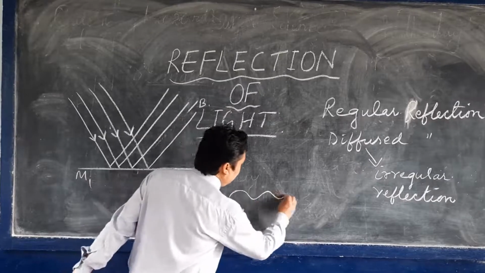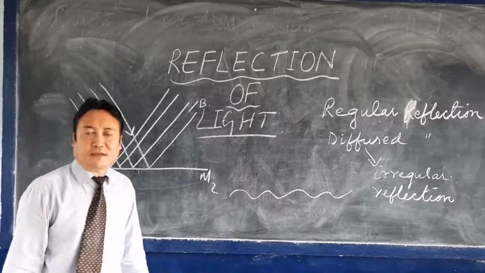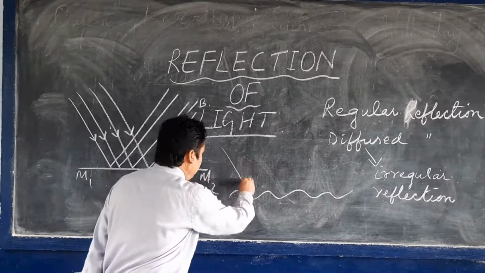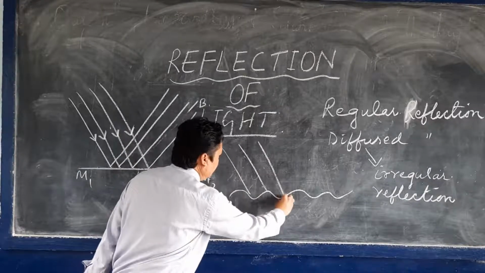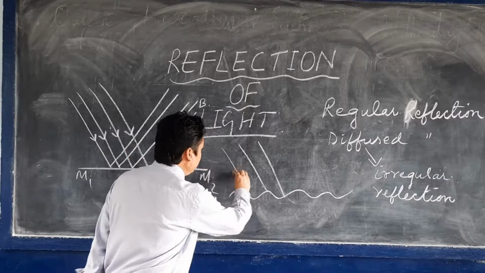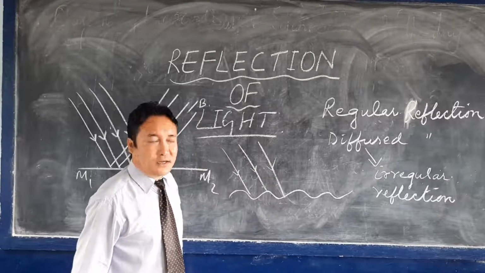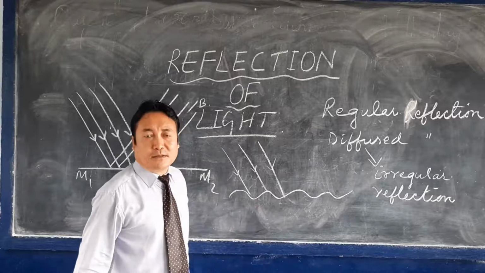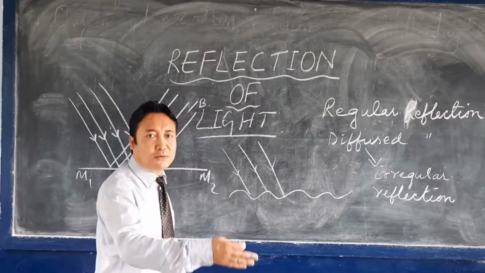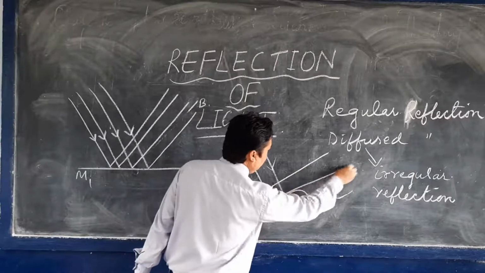The second one is irregular reflection, or diffuse reflection. In diffuse reflection or irregular reflection, the reflecting surface should be rough and unpolished. So when a parallel beam of light falls on the rough and unpolished surface, after striking that reflecting surface, the light will bounce back in different directions.